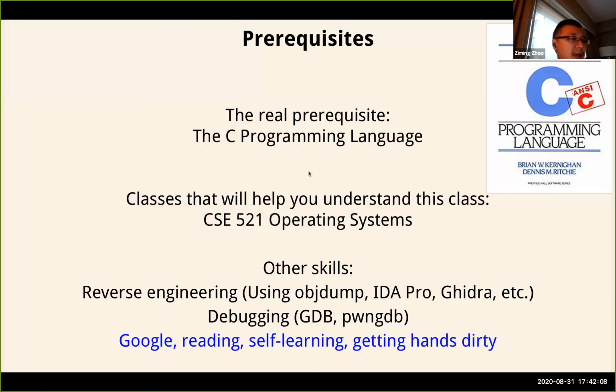Or other security and system classes you have been taking can also help you. For example, a lot of people said they take Introduction to Information Assurance. So you understand the basic principles of security. You understand what the CIA is, right? What is confidentiality, what is integrity, availability. And this class will be much more, what should I say, lower level than that.